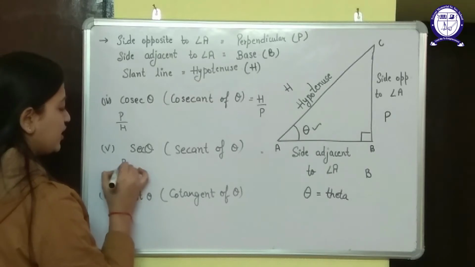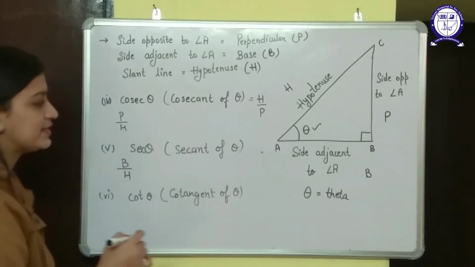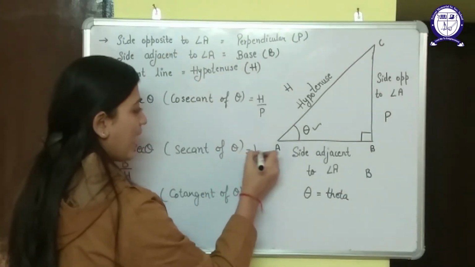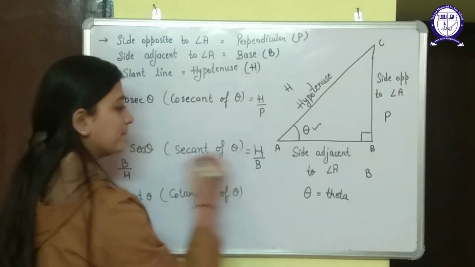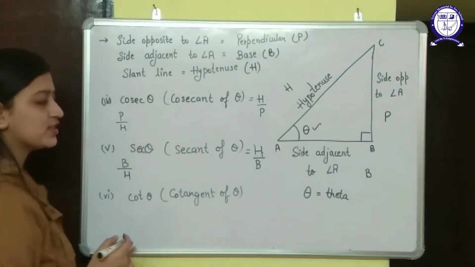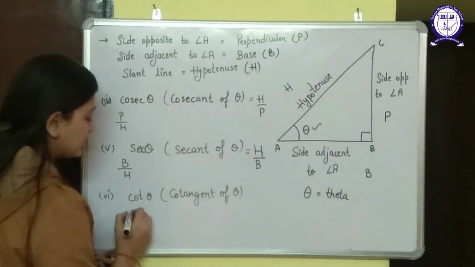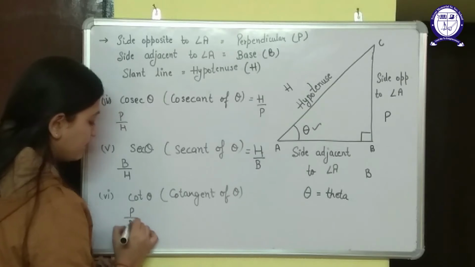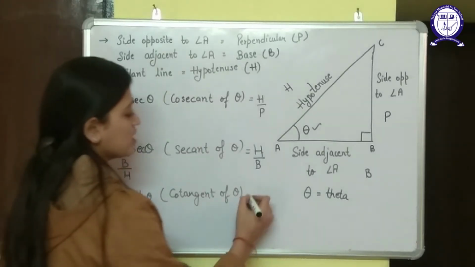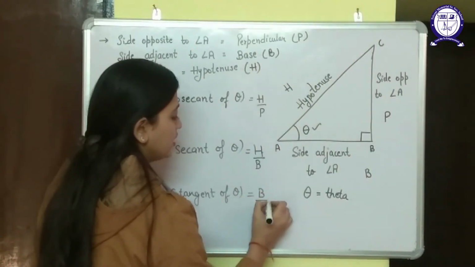Cos was my B upon H, so my sec is H upon B. Similarly, cot is the reverse of tan. Tan was my P upon B, so my cot is B upon P.